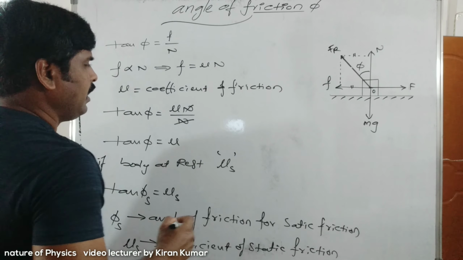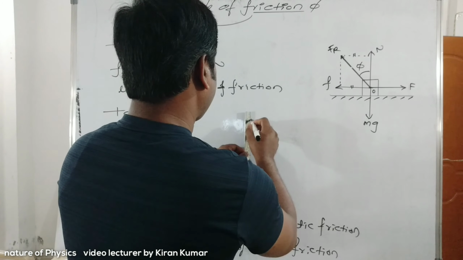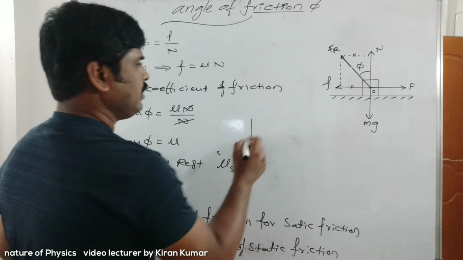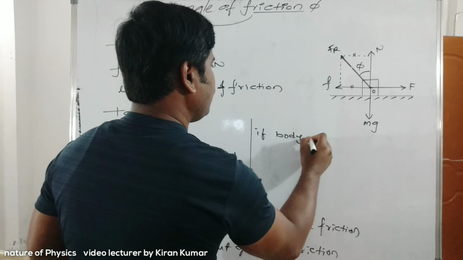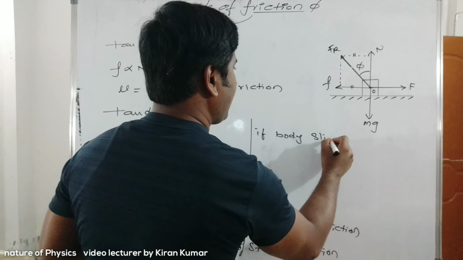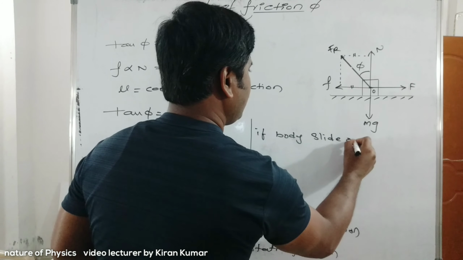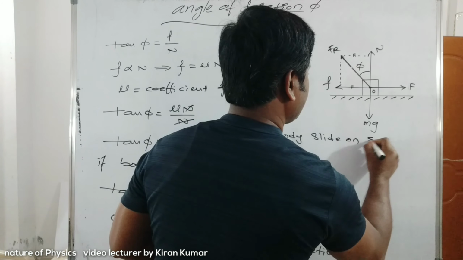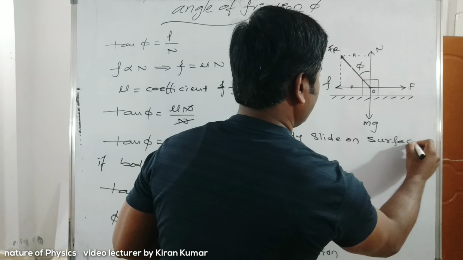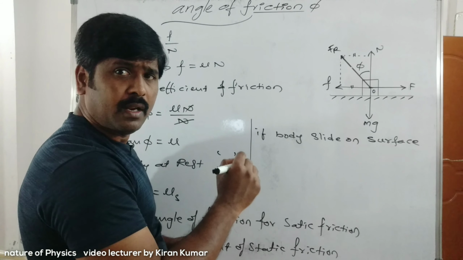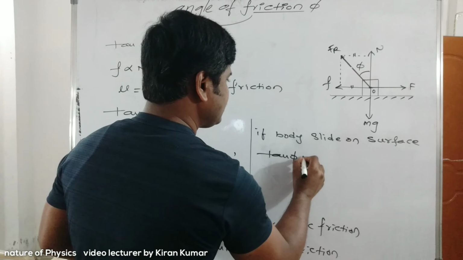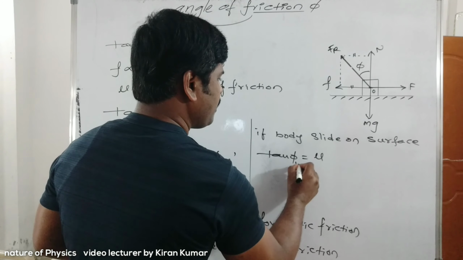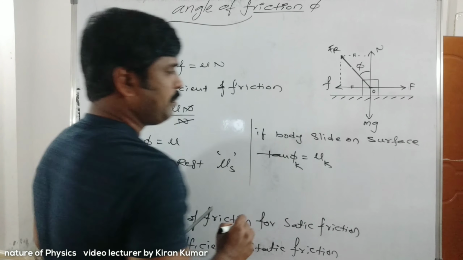Next, we can discuss if the body is sliding on the surface. Then we can take tan phi k is equal to mu k.